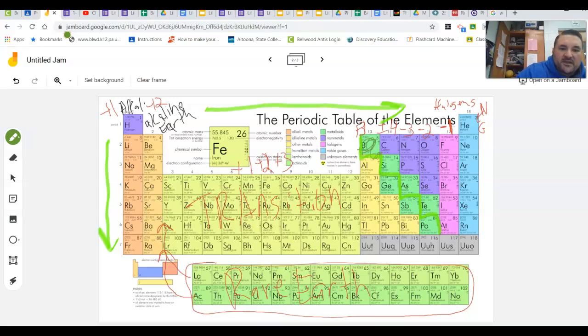If you form positive ions, they tend to be smaller. Your negative ions tend to be larger. There's not as much control. Actually, the protons can't pull those electrons in.